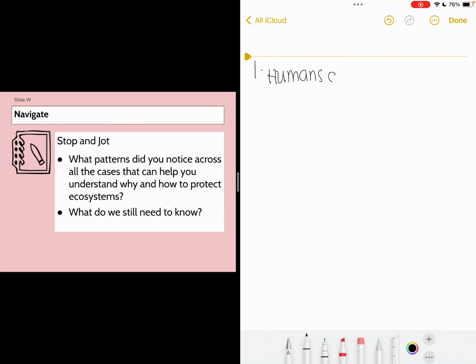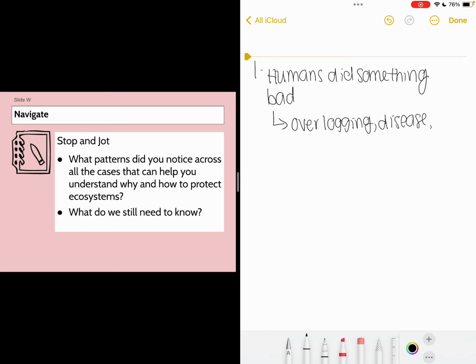Humans did something bad. The something bad we talked about. It could be overlogging. Could be disease. It could be pollution.